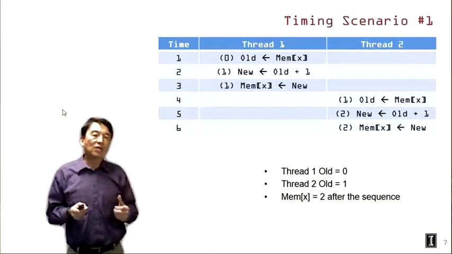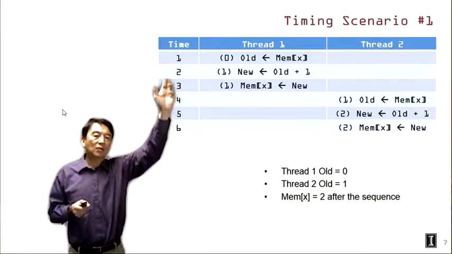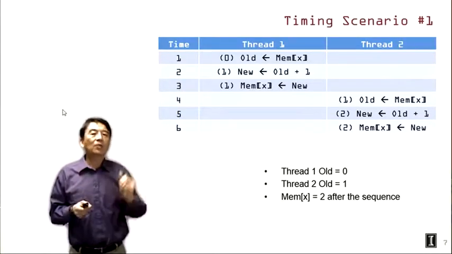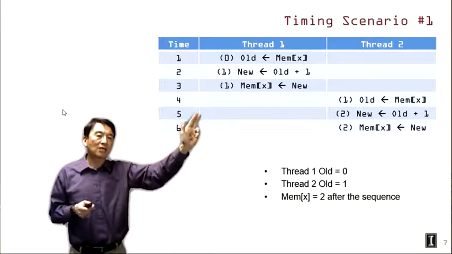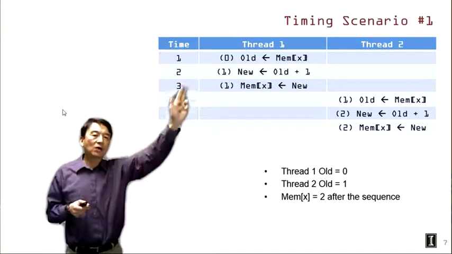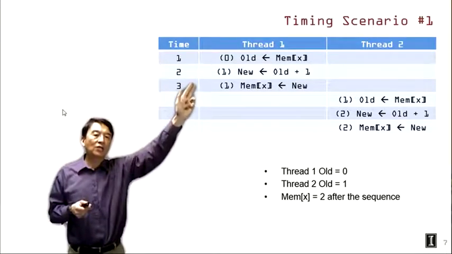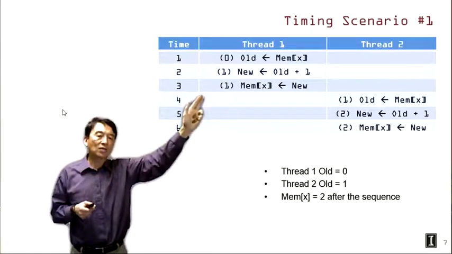The first scenario is that thread 1 will perform all its three read, modify, write operations before thread 2 does its read, modify, write operations. In this case, thread 1 will receive an original value 0, and then you would add 1 to it, so you would update the variable to 1.